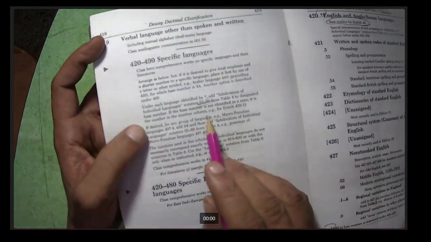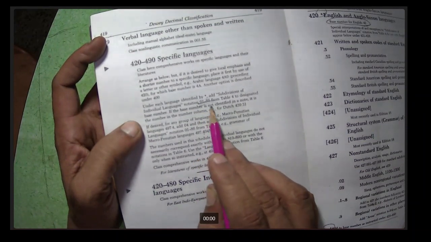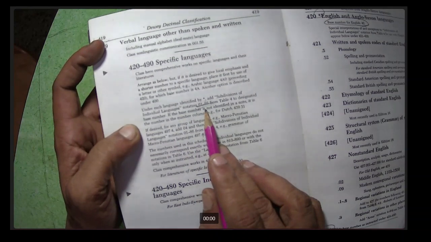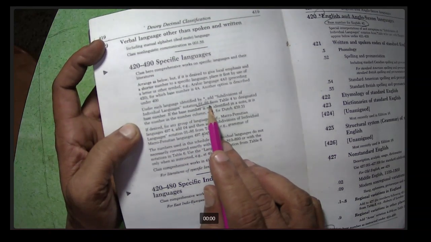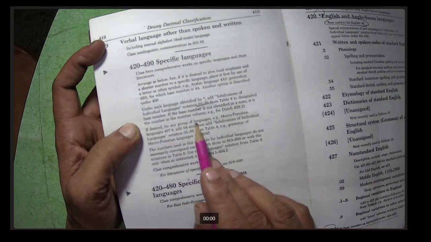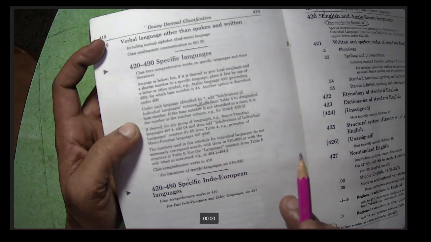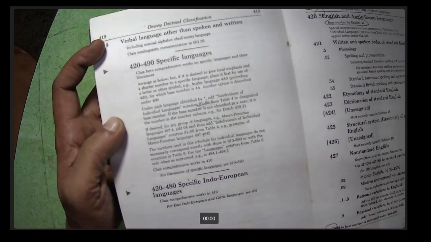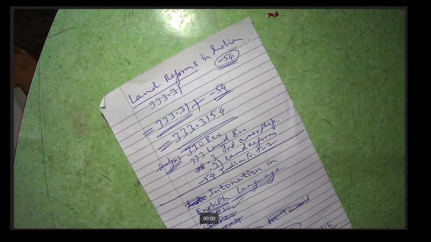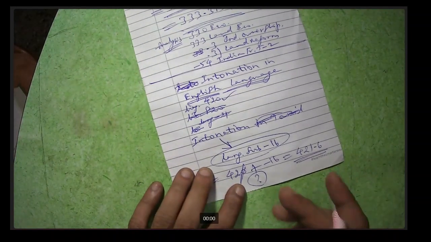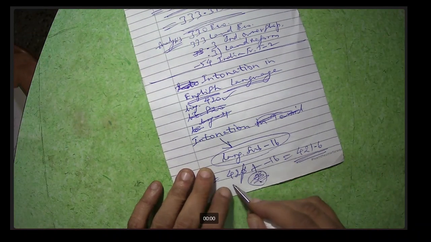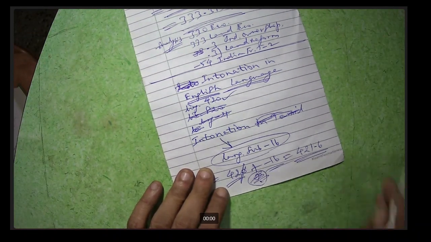So under each language identified by star, add subdivisions of individual languages, notation 01 to 86 from table 4, to the designated base number. So using that instruction only, we are adding this language subdivision to linguistics. Final answer.